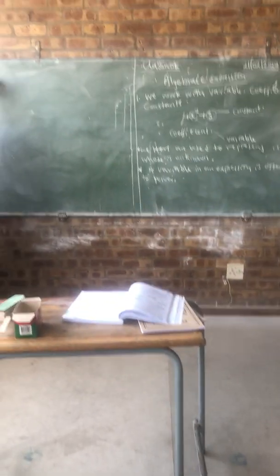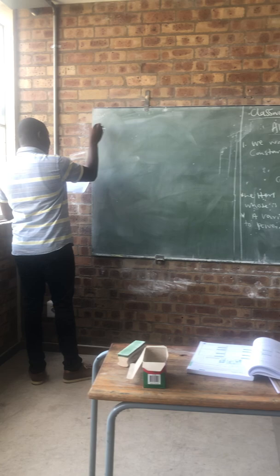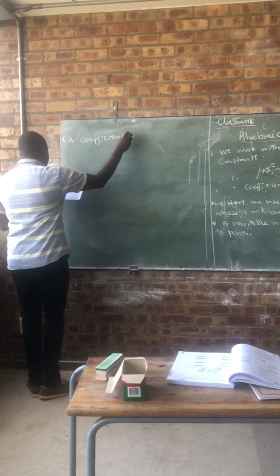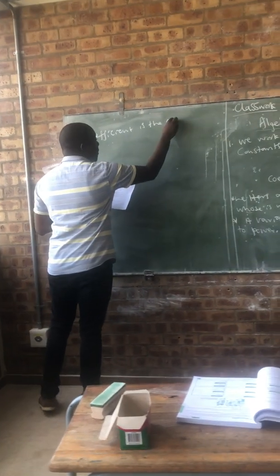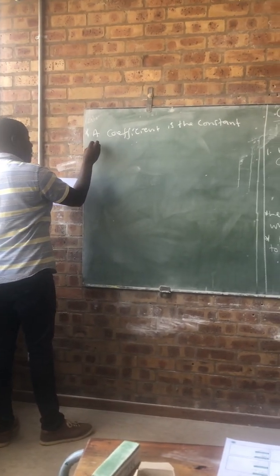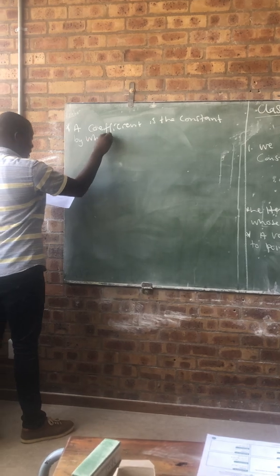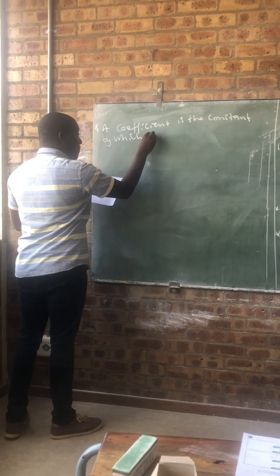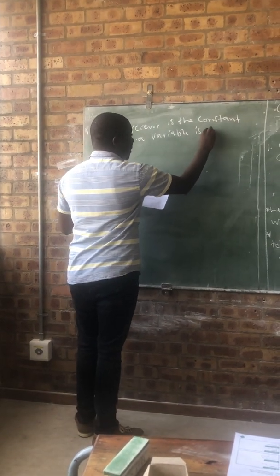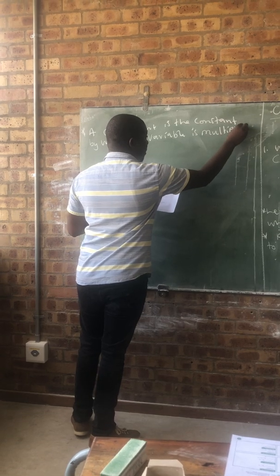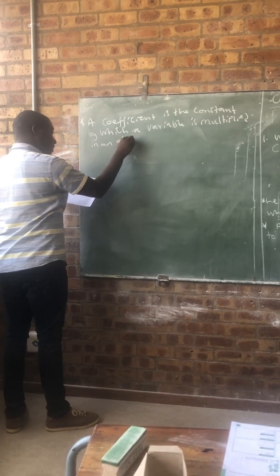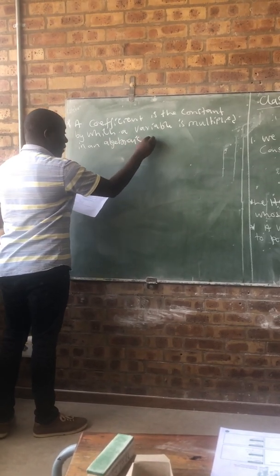And let's just indicate that a coefficient is the constant by which a variable is multiplied in an algebraic expression.